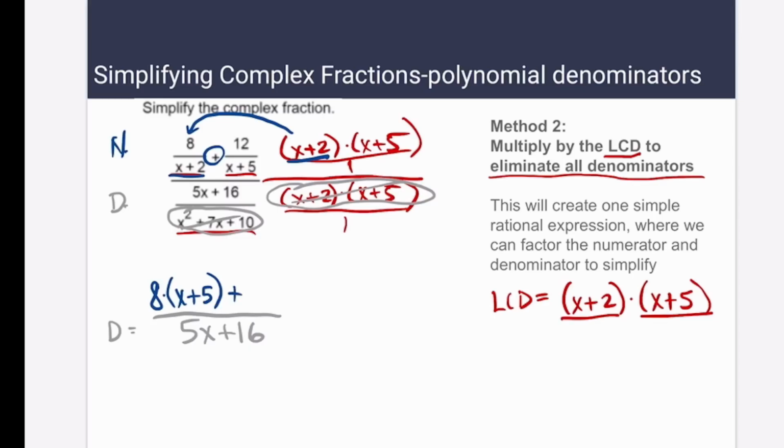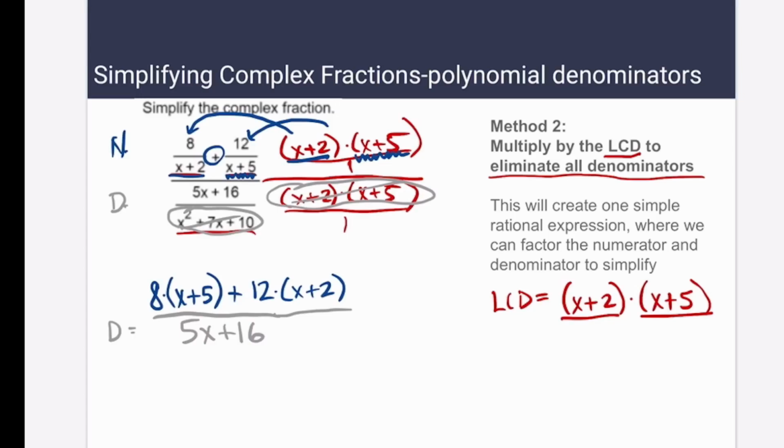When I do the same thing and I multiply this expression times the 12 over x plus 5, what's going to cancel this time is the x plus 5 because that's in the denominator. The 12 is still going to be there, and what's not going to cancel is the x plus 2. And that's what we would get when we multiply the top. You can write it all out and see them in separate pieces.